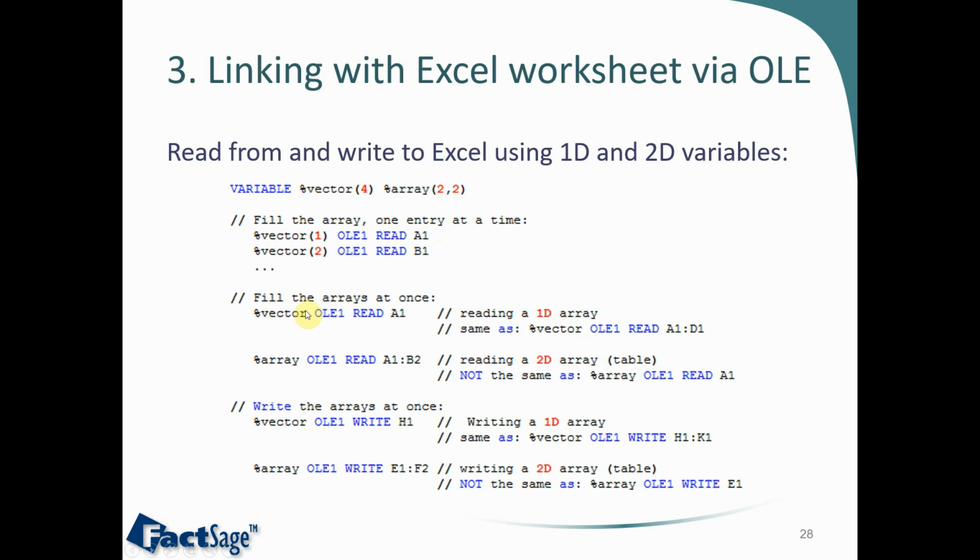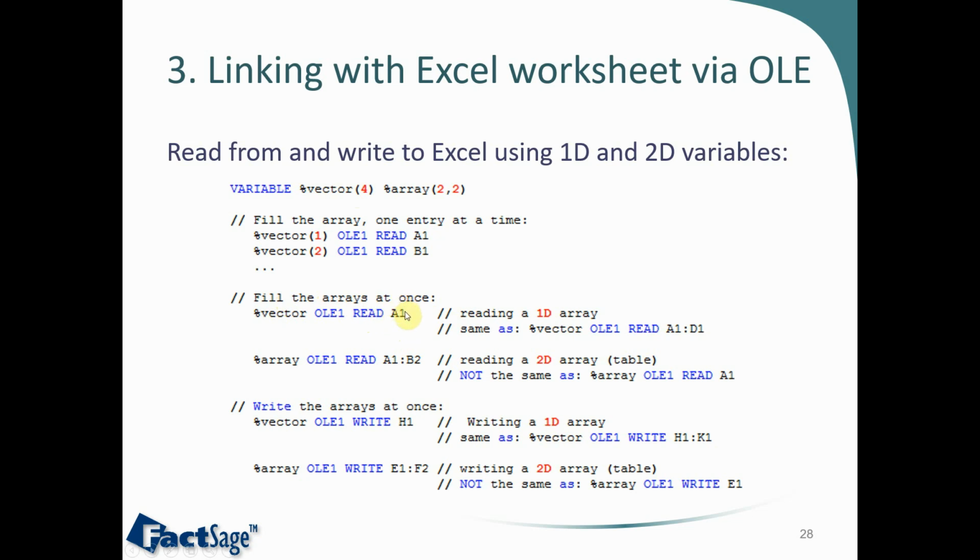This will call the entire vector and specify a range in the worksheet to write to or read from. In addition, in the case of a one-dimensional array and horizontally adjacent cells in Excel, only the first cell of the range needs to be specified. So for example here, person vector has 4 entries. I specify which file name and sheet name I want, and then read, and I'm just selecting one cell.